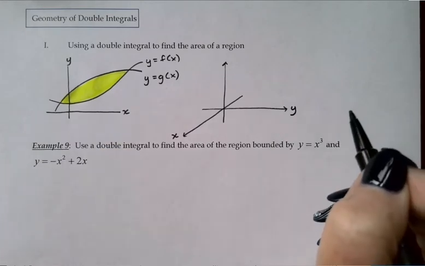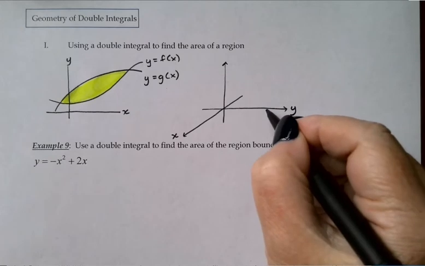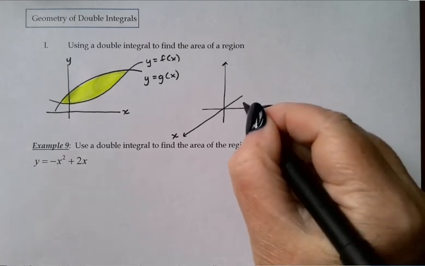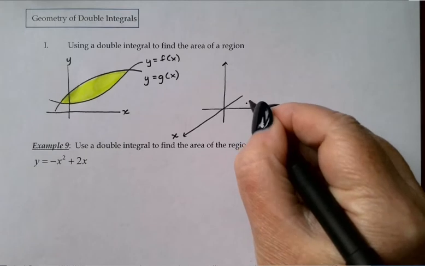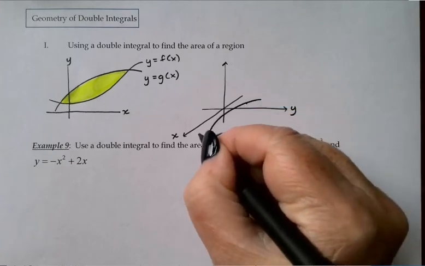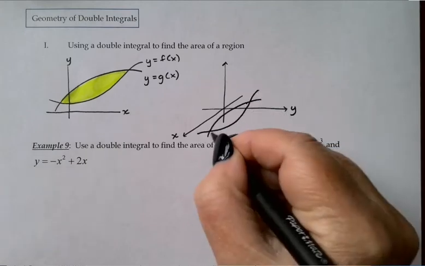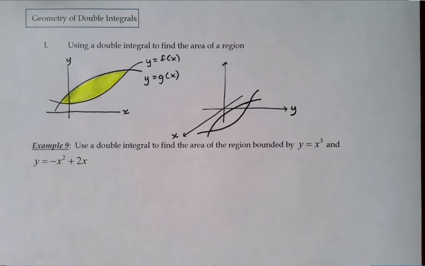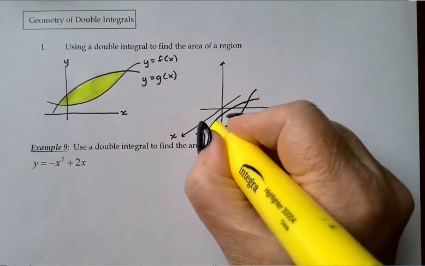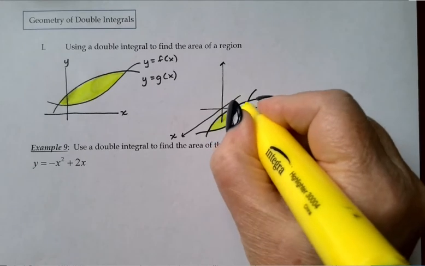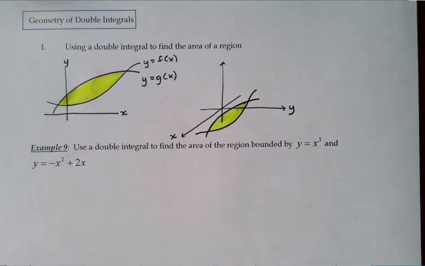It's all on the positive side of the y, and it looks to me like I've got something that looks like this, more or less. So there's that same area shown in the xy plane of a three-dimensional coordinate system.